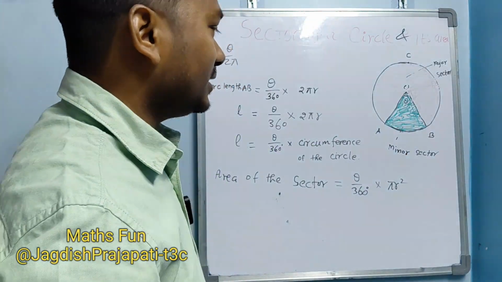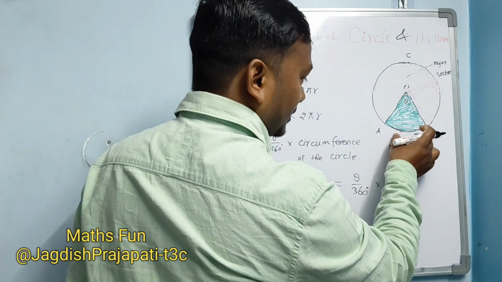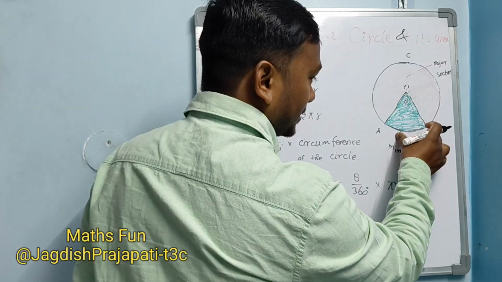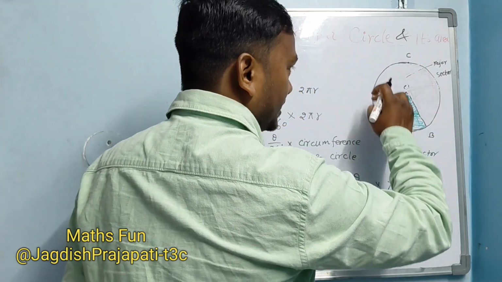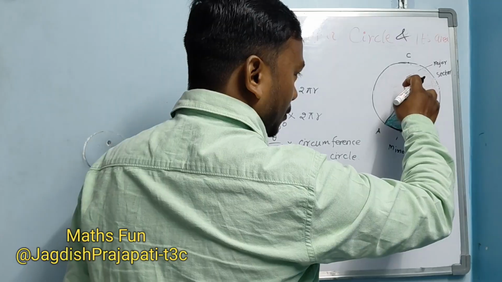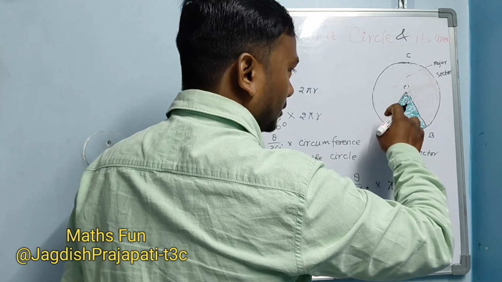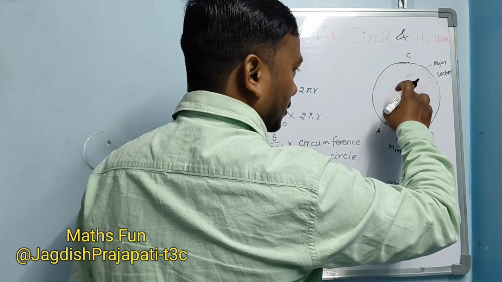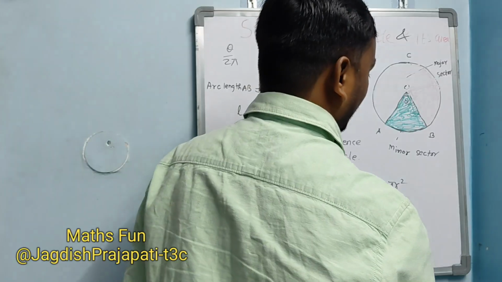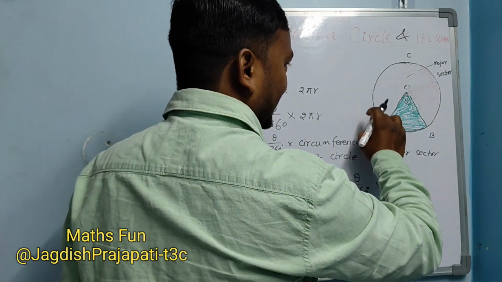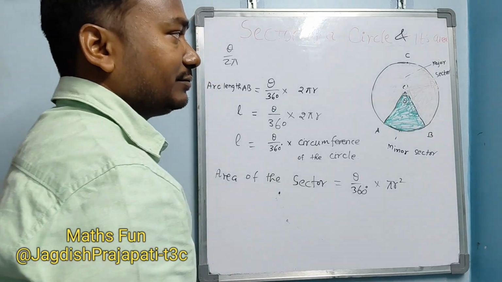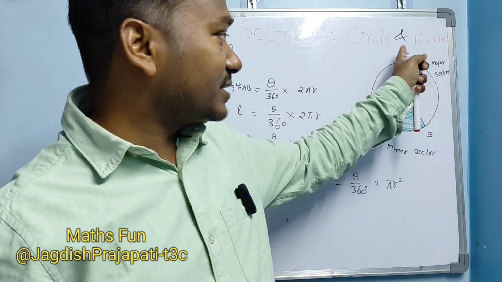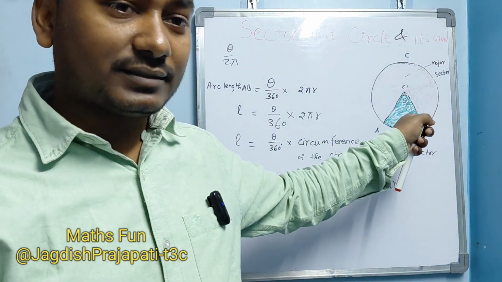In the similar way, the arc length of the minor sector plus the arc length of the major sector, only this length, ACB and AB, because circumference is just the outer measurement.